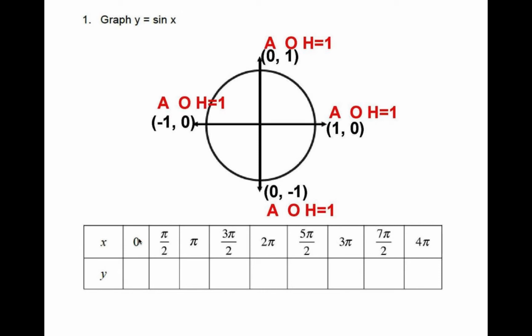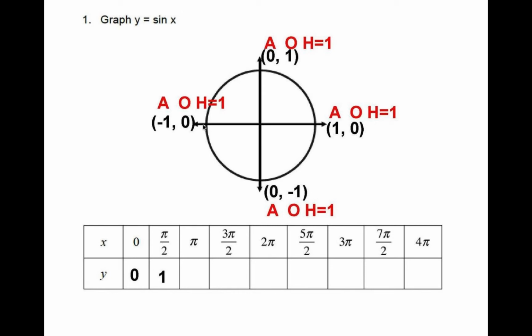So at 0 radians, which is over here, we're trying to find the sine ratios. Sine is SOH, O over h. So that would be 0 divided by 1, which is 0. At pi over 2, that's at 90 degrees up here, sine is O over h, so 1 over 1 is 1.